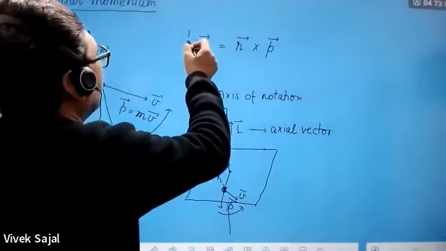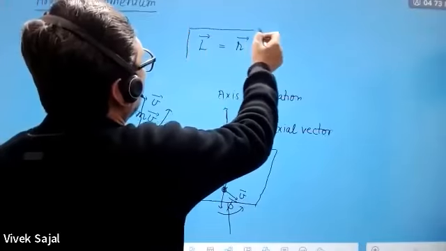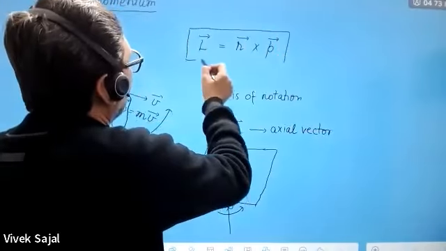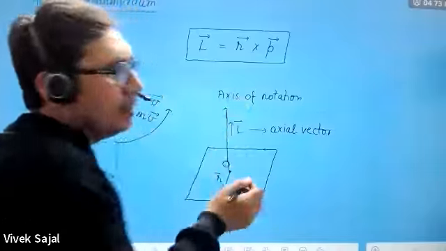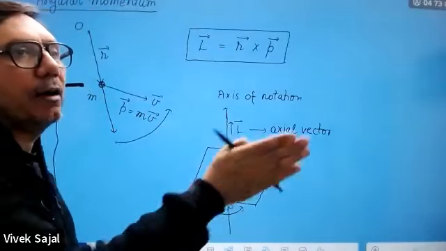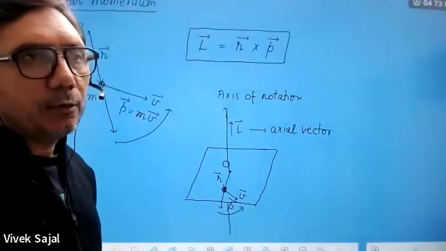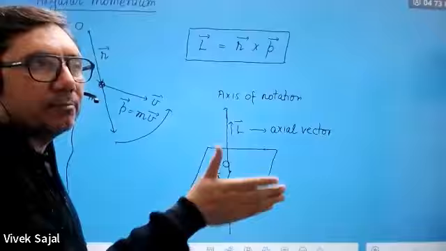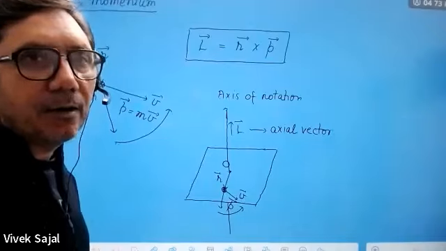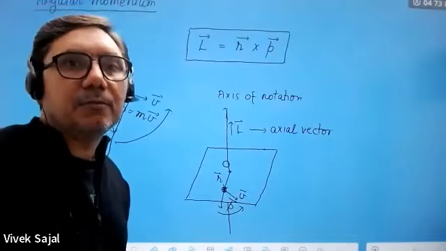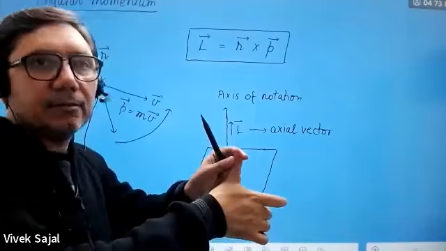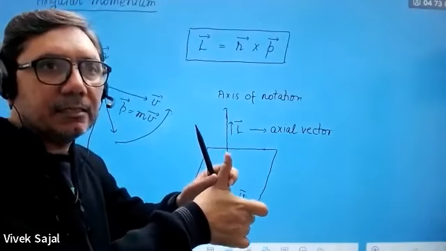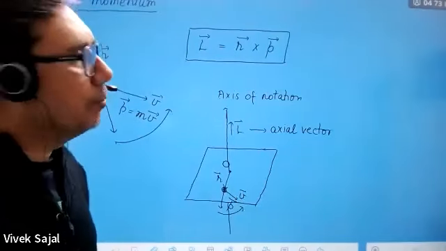So you have to remember this formula, L equal to r cross p. For direction, it is very clear. The rotation of your fingers will take place from the direction of the r vector towards the direction of the p vector, and then the direction of the thumb will indicate the direction of the L vector, the angular momentum vector.